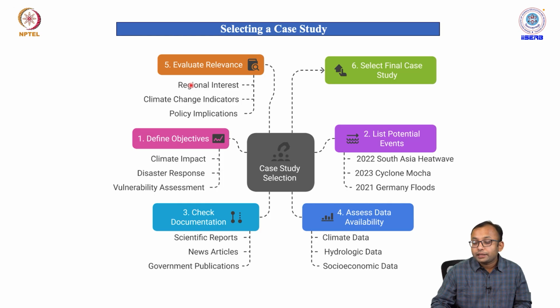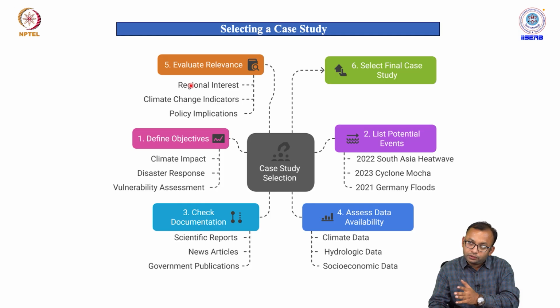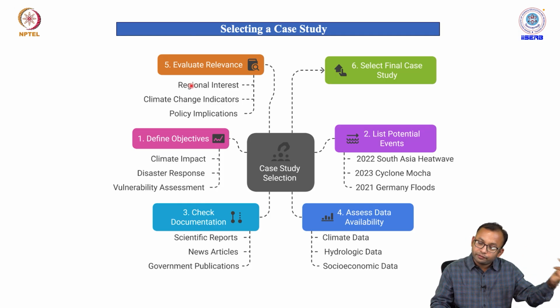So, that is the regional interest. You need to know the vulnerabilities of those people or the crop yield, or let us say there are so many factories installed in that particular region, how those factories' production is likely to be influenced by a flood event or drought event, or let us say heat wave event.